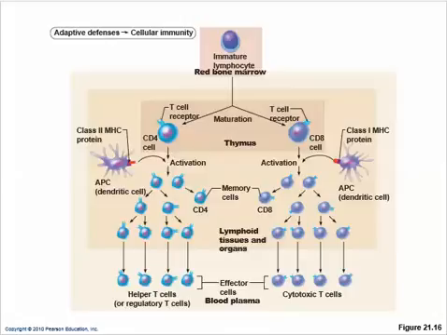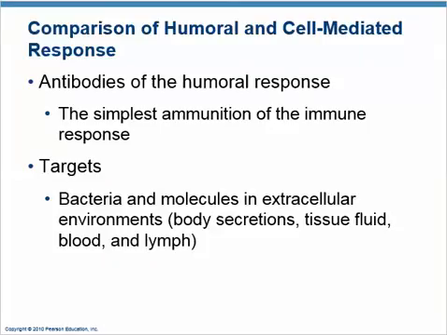The difference is that the activation is in the MHCs, the class 2s and the class 1 MHCs, rather than the antigen right on the pathogen. Right? So in humoral, the antibodies target things that are in the extracellular environment, in either secretions, mucus and things outside of the body, or fluids within the body, blood, lymph, interstitial fluid, that kind of thing.